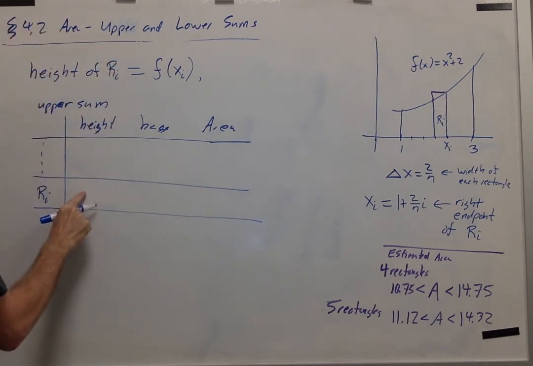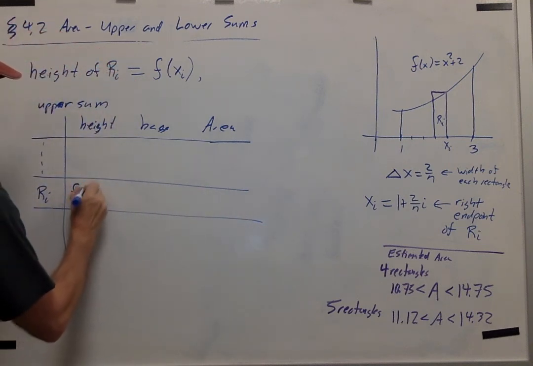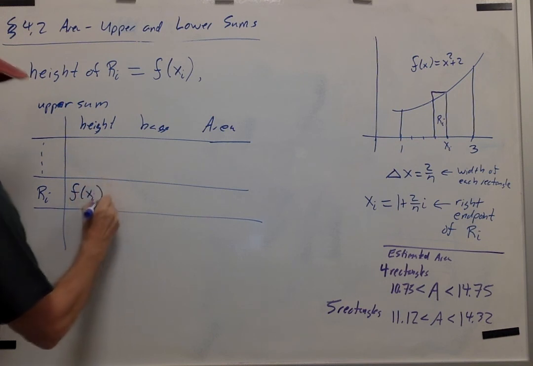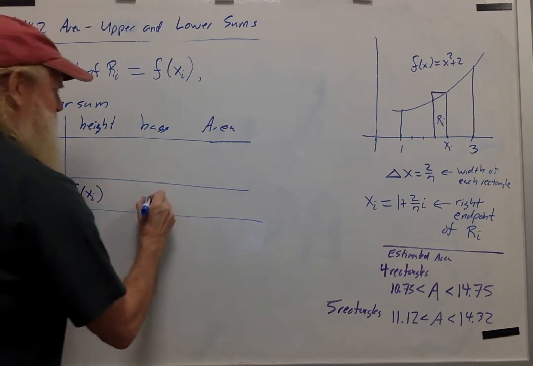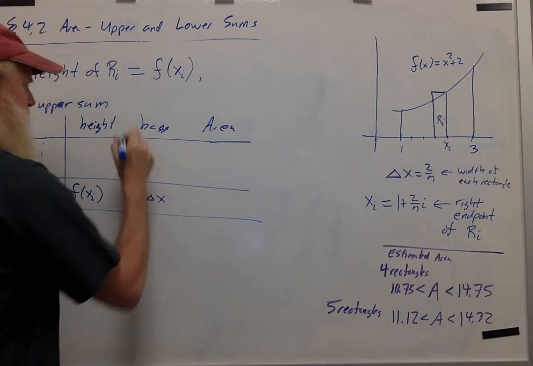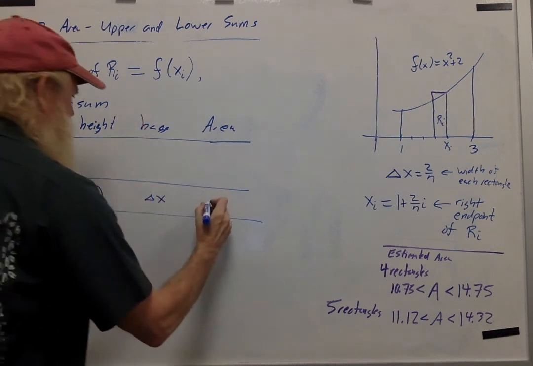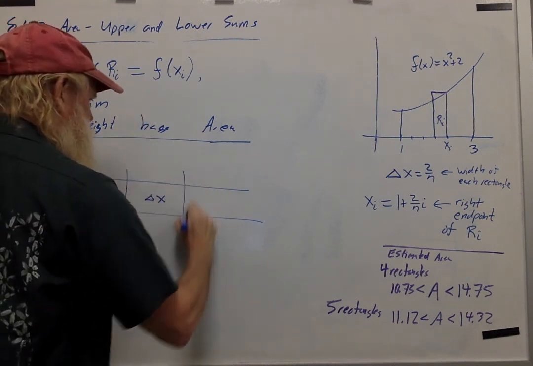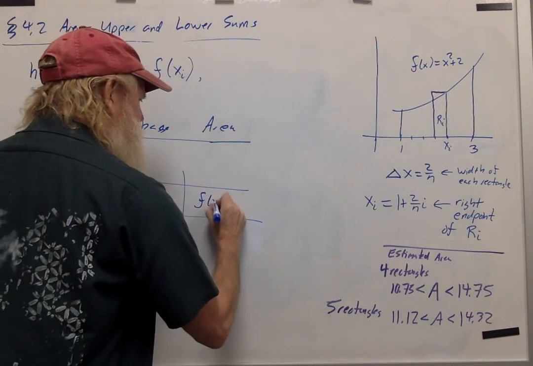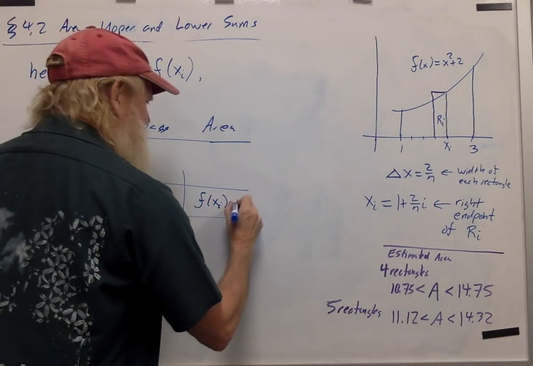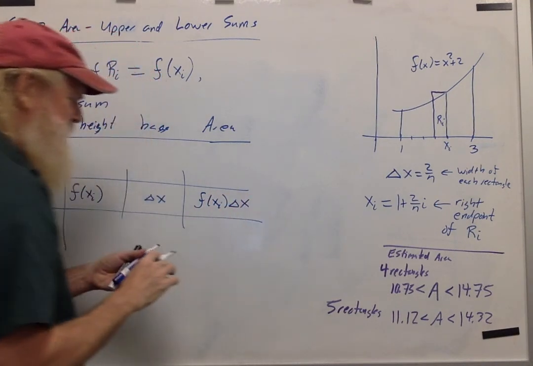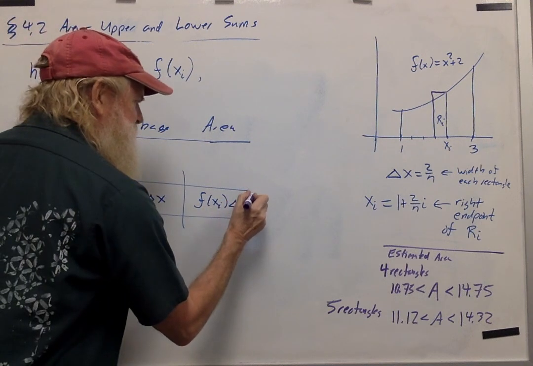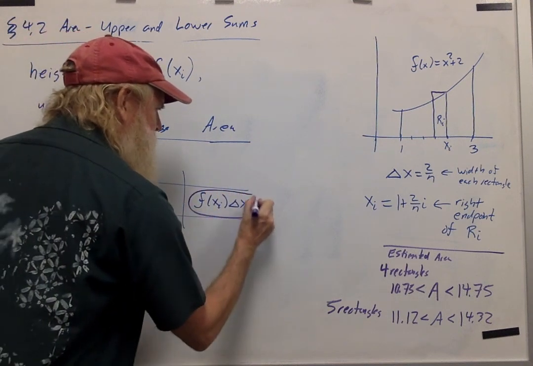The height of R sub i is f of x sub i. The base is delta x, and the area will be f of x sub i times delta x. So this is the expression that we're building toward.